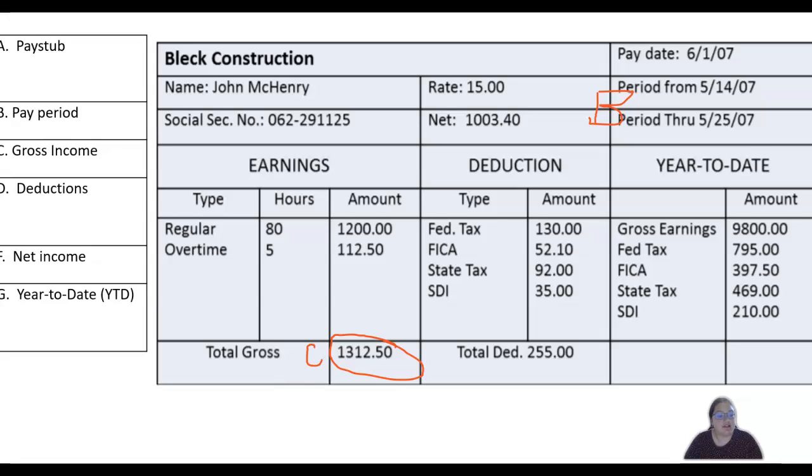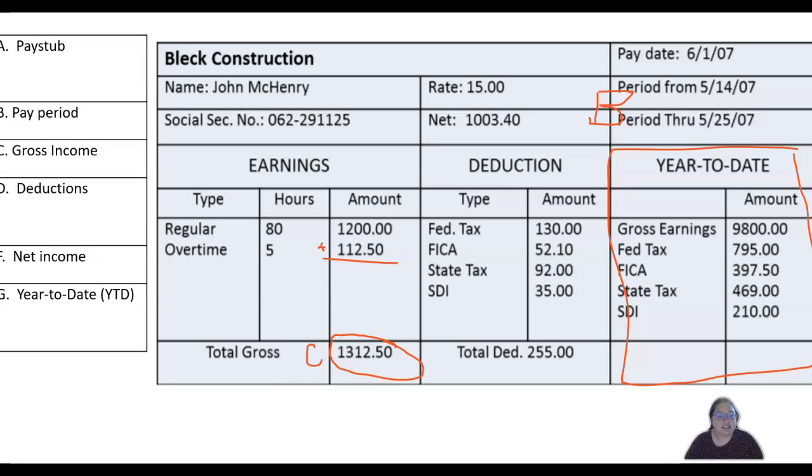He also had 5 hours of overtime, which gave him an additional $112.50, and those two things added together gives us our total gross pay. His year-to-date gross income is over here. So this entire section is year-to-date totals. So his year-to-date gross income is $9,800.